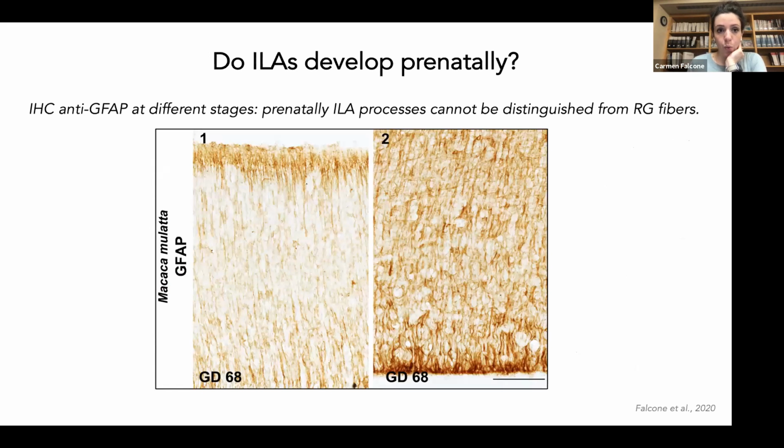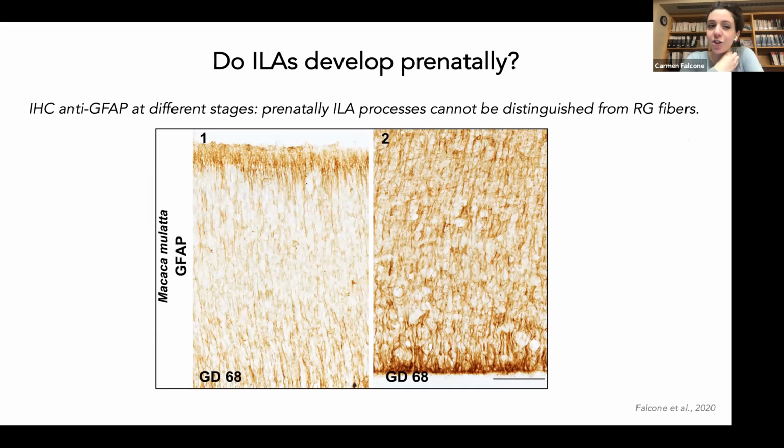So we asked ourselves, do these interlaminar astrocytes develop prenatally or postnatally? We knew that we observed some of them towards the end of the pregnancy, so we really wanted to make sure that they appear prenatally.